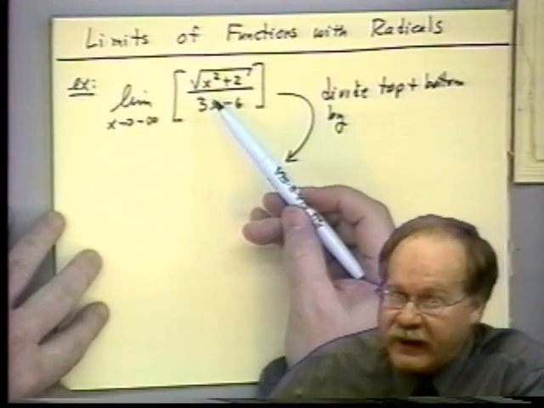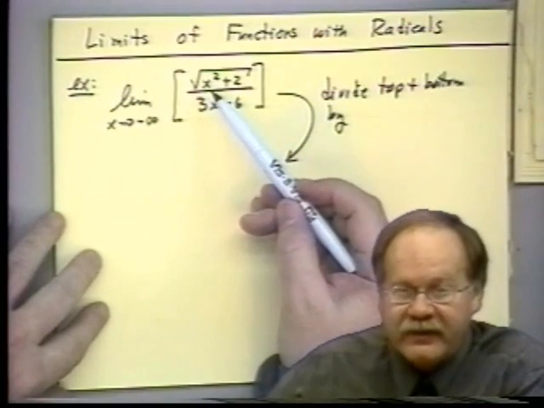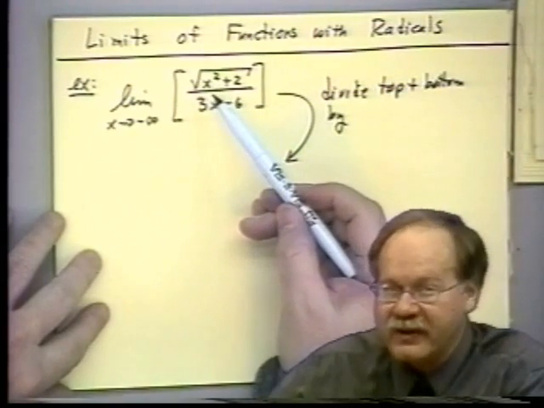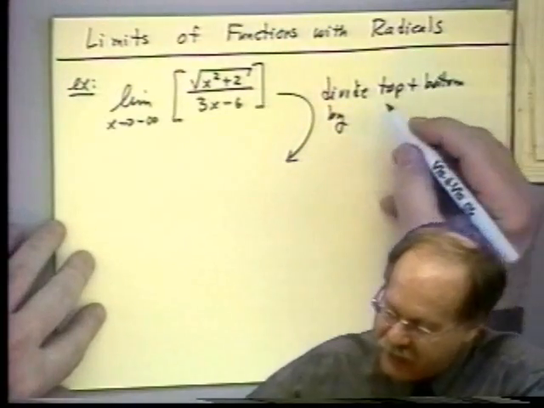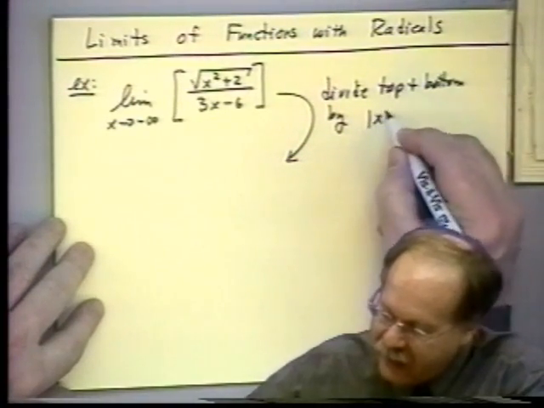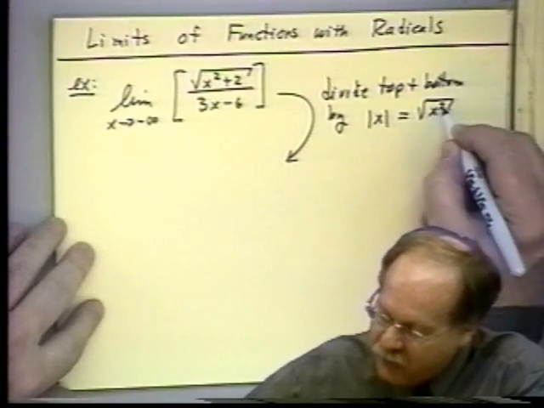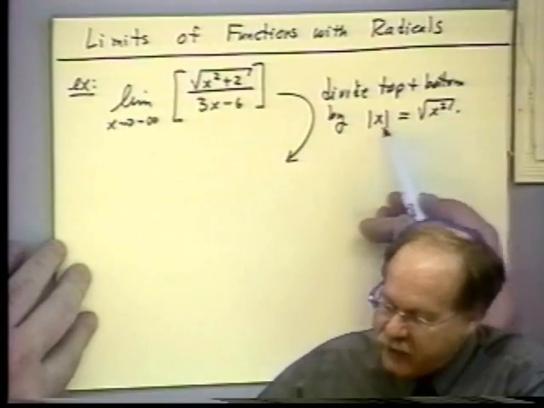It actually takes us back to the absolute value of x, because when you square something, you knock out any negative signs, and when you take the square root again, you will recover the positive version, but not the negative. So that means what we'll do is divide top and bottom by the absolute value of x, which is the same thing as the square root of x squared. Little piece of algebra you should remember.